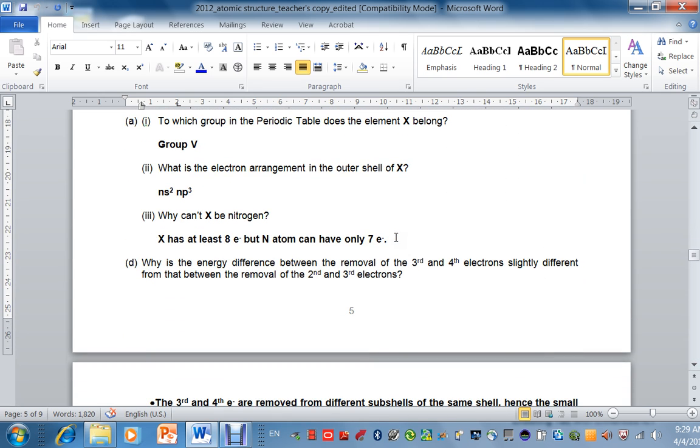But if you check the periodic table, you will find that nitrogen only has 7 electrons, and therefore X cannot be nitrogen. So even though nitrogen is in group 5, X cannot be nitrogen, but it can be phosphorus and the other elements below phosphorus in group 5.